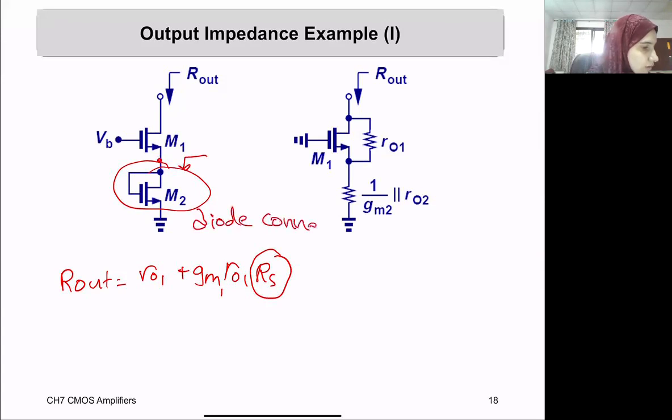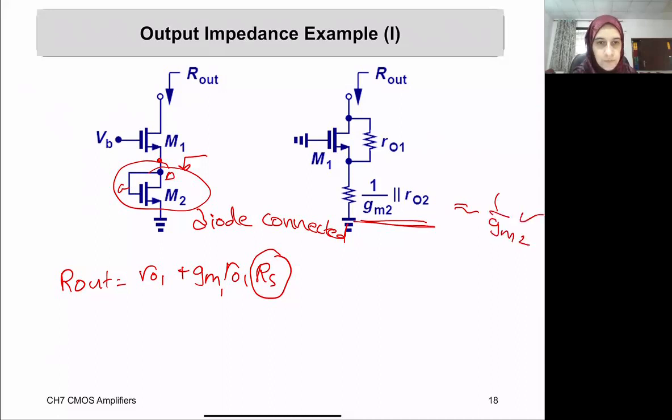Why diode connected? Because the gate and the drain are shorted with each other. Since they are diode connected and we are looking down there, we will see an impedance equal to 1 over Gm2 in parallel with R out 2. Even if you just said 1 over Gm2, it will still be correct.